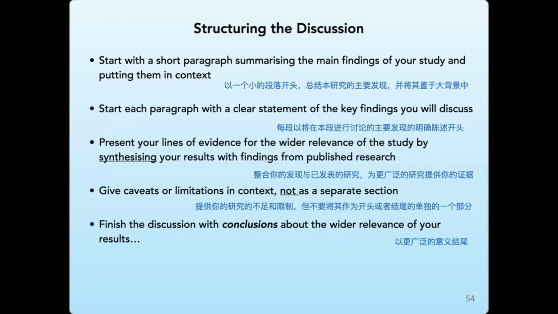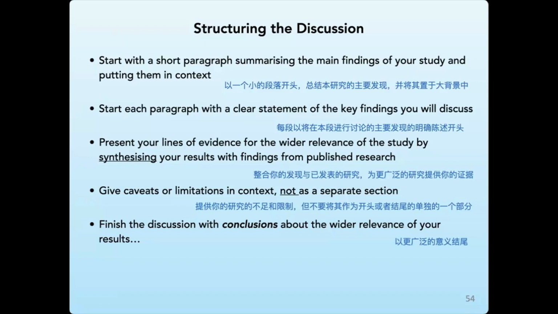So personally, I dislike having a separate section of limitations. Some people prefer that, but it's important to remember that if you put the limitations of the study in a single section, you are drawing the reader's focus to the fact that your study has a lot of limitations.